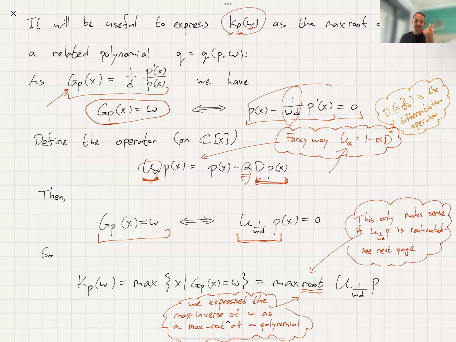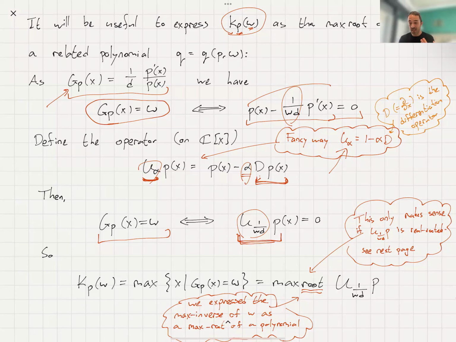So saying that x solves Cauchy of x equals w, which is non-polynomial, is the same as saying, again with w built into this polynomial, that there is some operator that when you apply it to the polynomial, those x's that are roots of this polynomial are exactly the x's that satisfy Cauchy of x equals w.